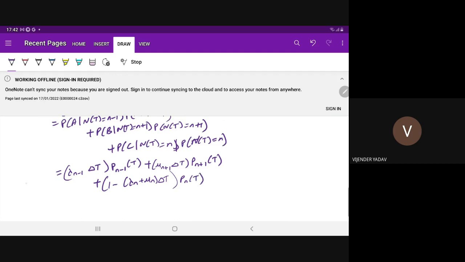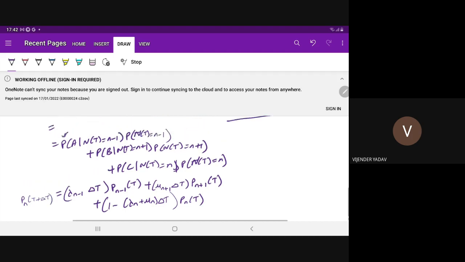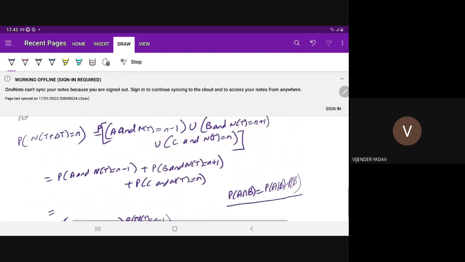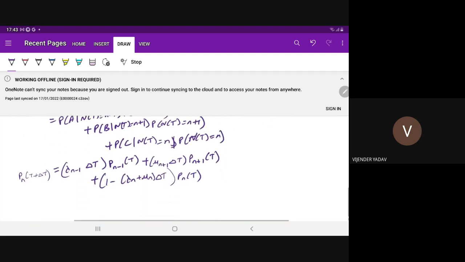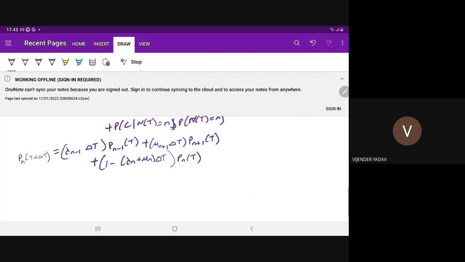And it is the probability p n of t plus delta t. From here only we have started, na? Right hand side, p n of t plus delta t is equal to this.